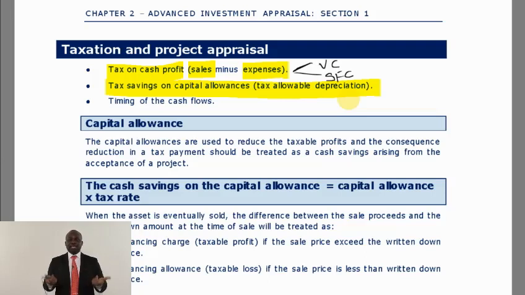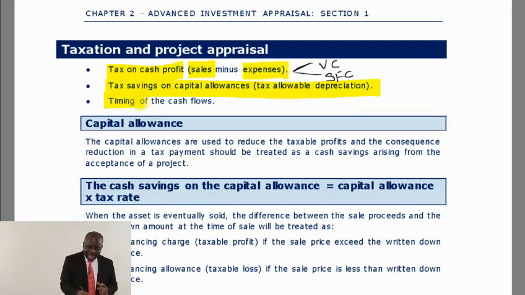When is the money expected to be received and when is it expected to be paid? So you would have to respect the timing. The examiner might tell you the tax is paid in arrears or in relevant years. If he says it's in arrears, then year one will be paid in year two. If it says in relevant years, year one will be paid in year one.